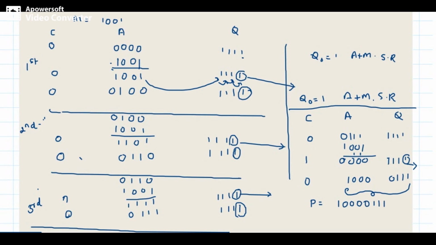So that is nothing but 9 into 15, that is equal to 135. So always, sequential multiplication methods can be used in order to perform multiplication operation only if both M as well as Q are positive numbers.